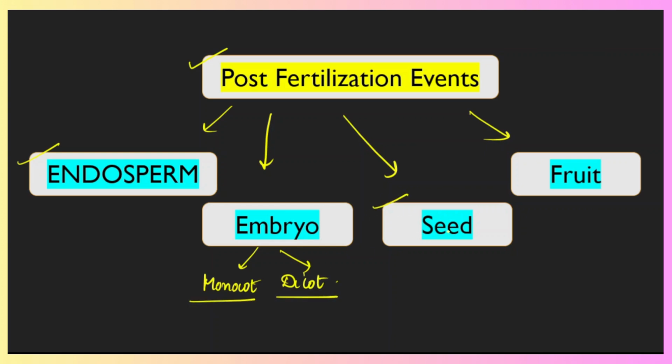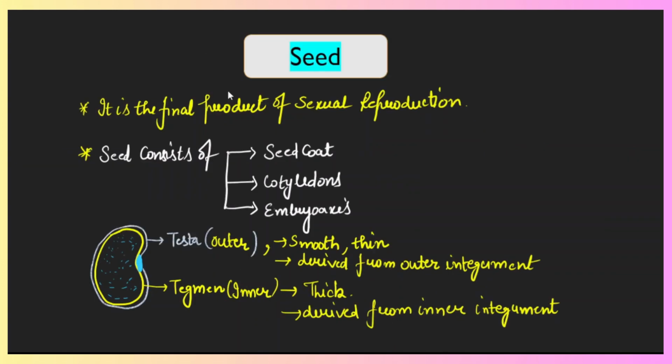Now in this class we are going to discuss the seed, its structure, its types, and the fruit, its structure and types. So let's start with the seed.